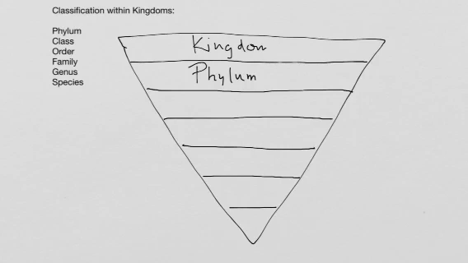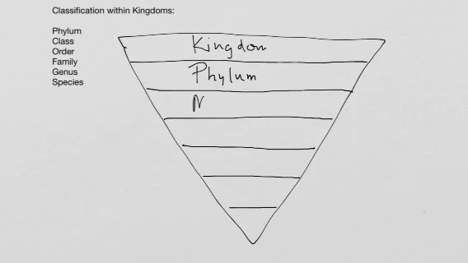All right? Chordates all have a spinal cord. Then further down within phyla, we have specific classes, or larger groups of organisms that belong to that phylum. Humans are classified into class Mammalia.